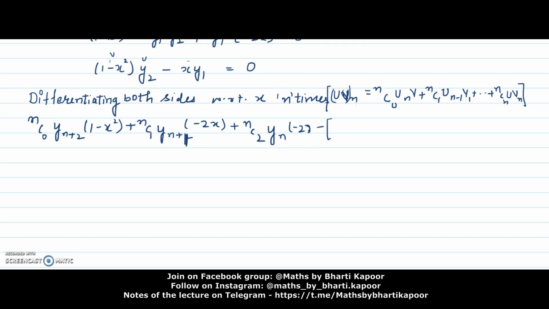Here again we have a product of two terms and we have to differentiate the product n times. So again we will use Leibniz theorem where u is y1 and v is x.